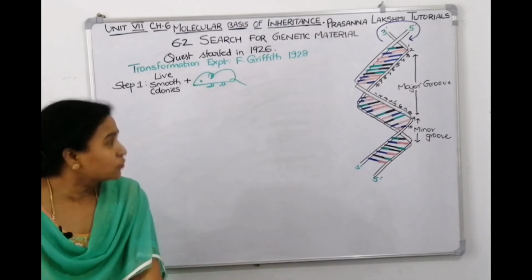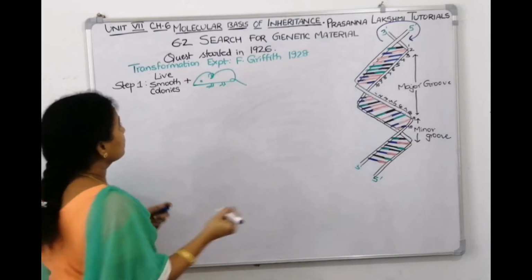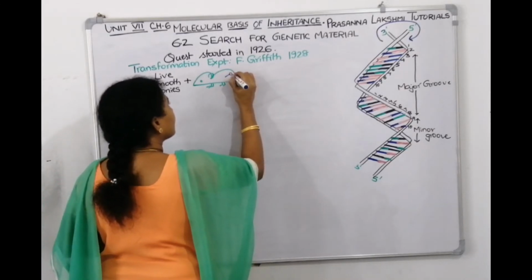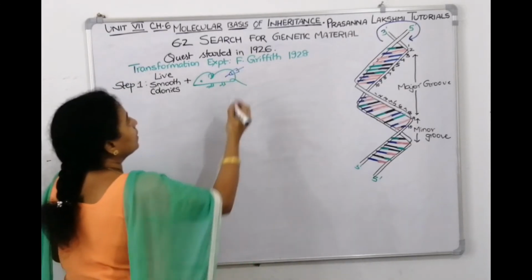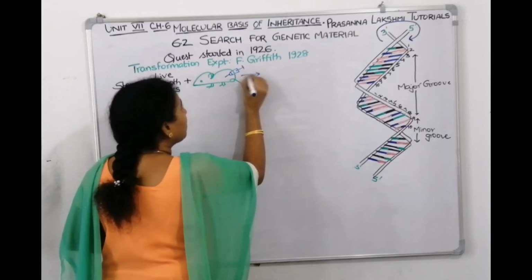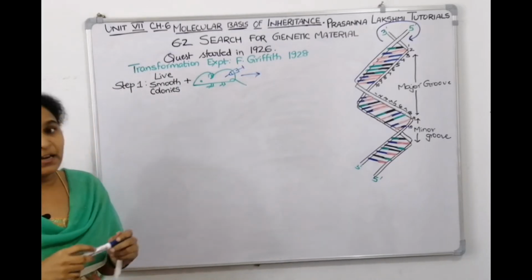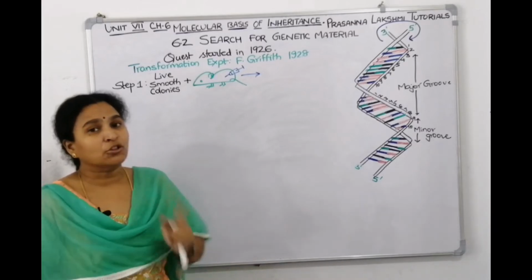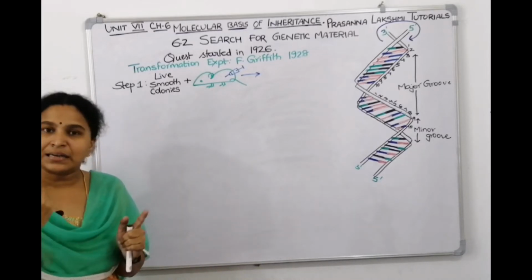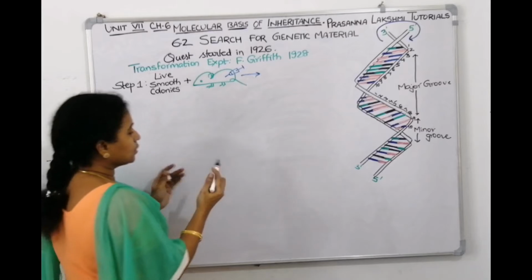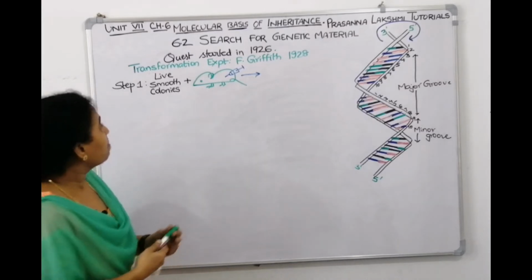Let us draw the mice and give an injection also. When he has given live smooth colonies, which are pathogenic, the mice will get pneumonia and die. Since it is virulent, what happens to the mice, children? Mice will die.